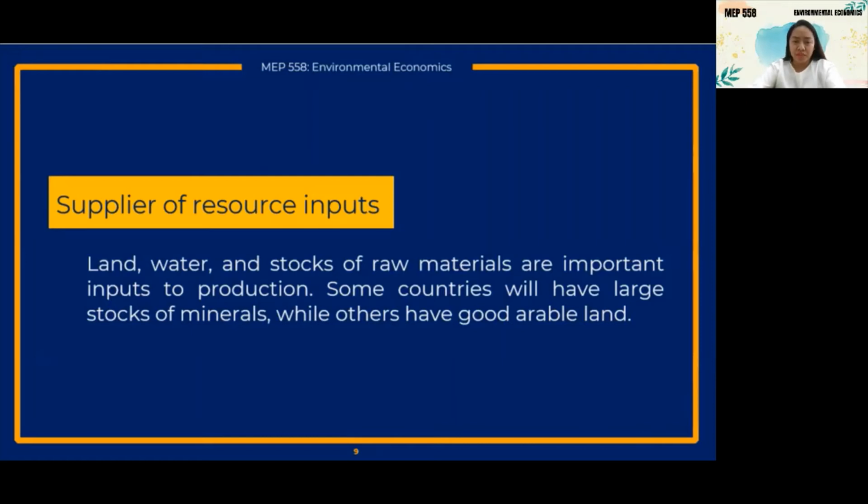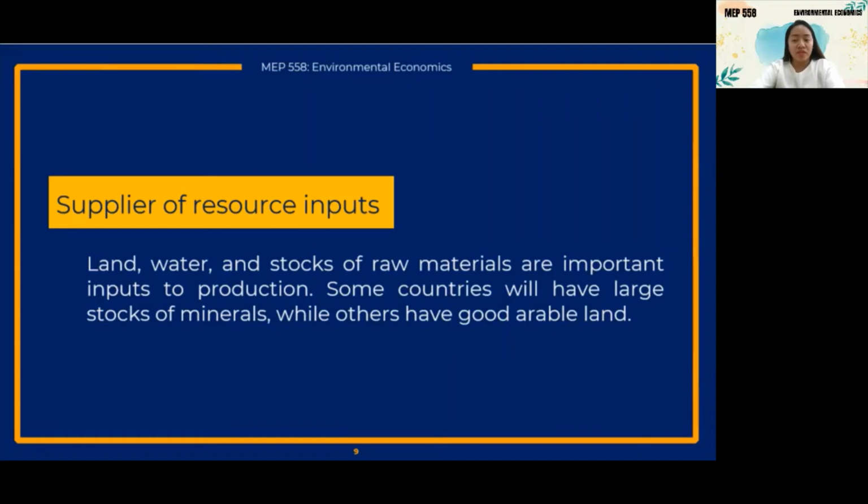Natural resources can either be renewable, for example trees and other plants, or non-renewable, for example oil. This distinction is important. It influences the way the resources have to be managed in production.